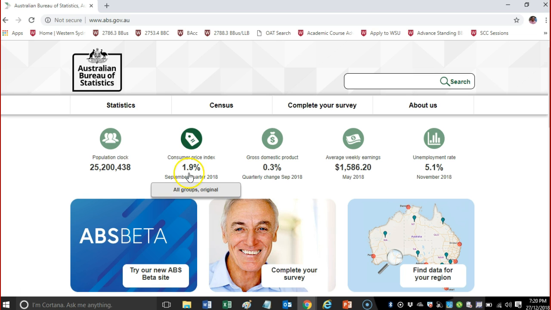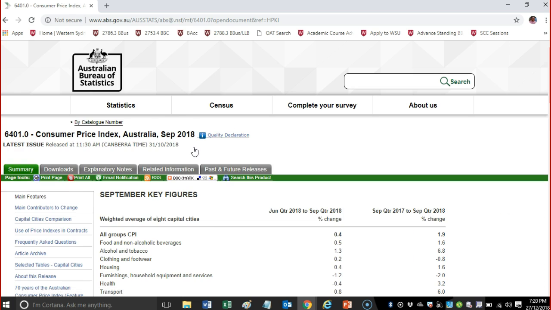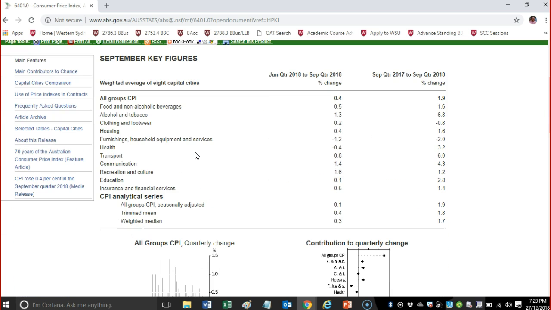All right, so here we've got it here. It's 1.9%, but look what that says, 1.9% for the September quarter 2018. So, all right, let's just click on it to double check we're getting the right thing here. All right, now we've got here all groups, the CPI for all groups, and there's all different kinds of products, goods and services that households purchase.